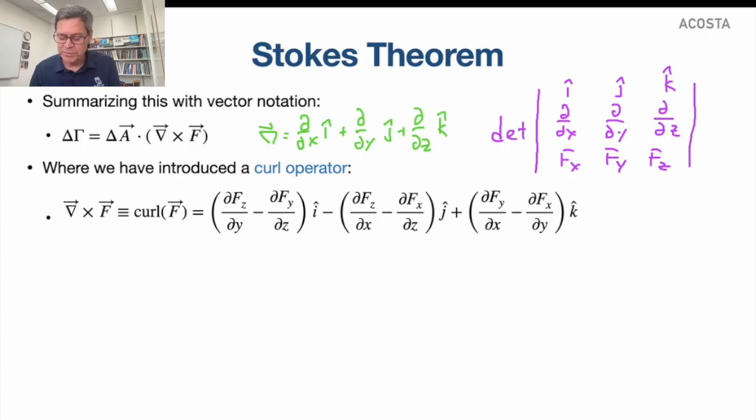So I'm taking a determinant of this strange 3x3 matrix, which really is comprised of operators. But if you know how to do determinants, this might make some sense. If you don't, no worries. Just remember the definition that's written here.